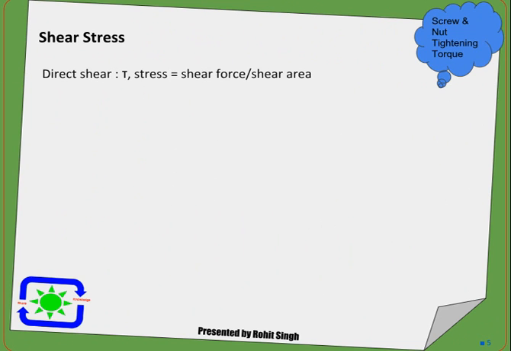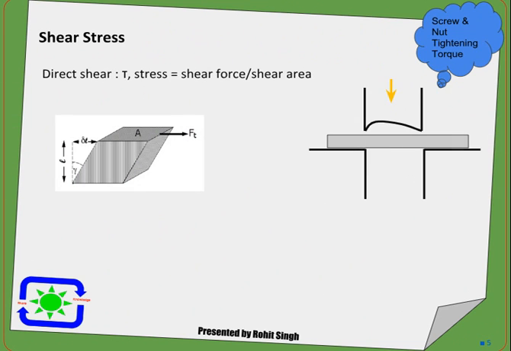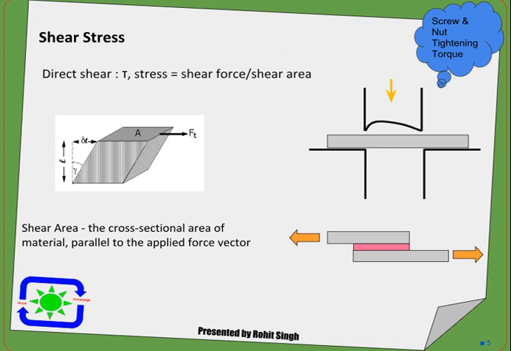So what is shear stress? Shear stress is a special kind of stress. The formula is the same, shear force divided by shear area, but in this case the area we consider is along the direction of force.